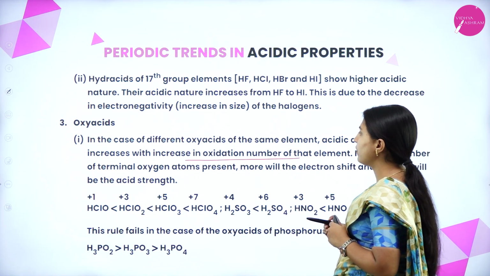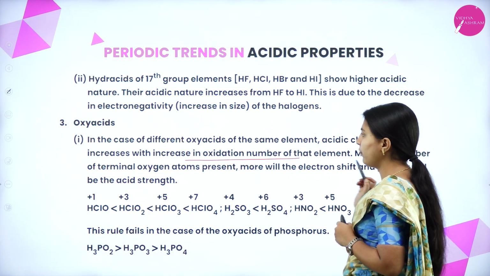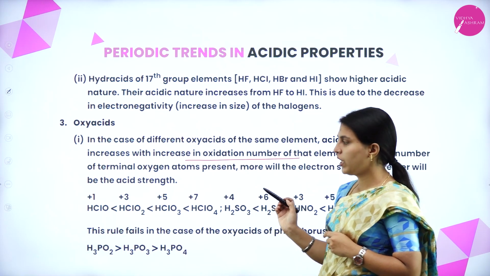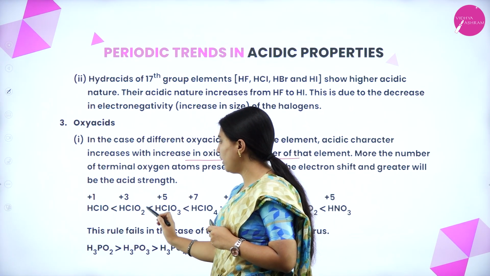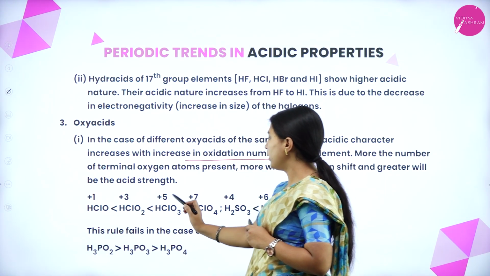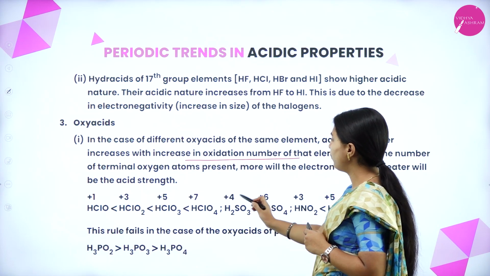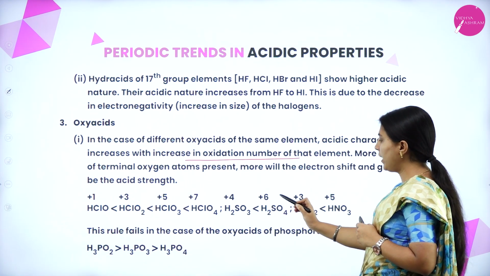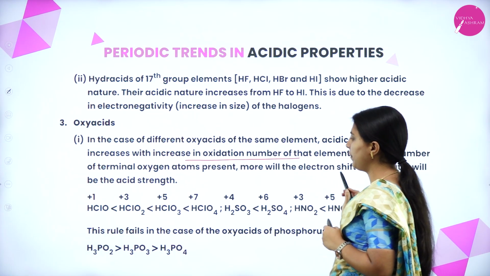The more terminal oxygen atoms present, the more the electron shift and the greater the acid strength. See here, HClO is only plus 1, HClO2 plus 3, HClO3 plus 5, HClO4 plus 7, H2SO3 plus 4 and H2SO4 plus 6, HNO2 plus 3, HNO3 plus 5.